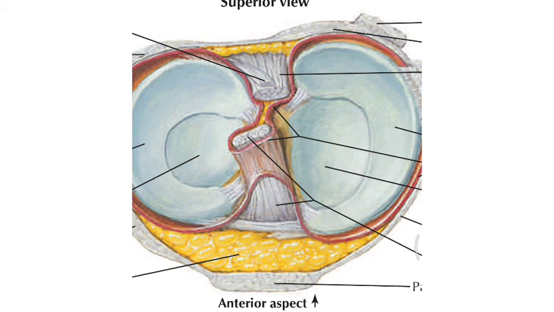So this central region will form a communication between the lateral and medial intercondylar joints. This region is known as the intercondylar foramen.